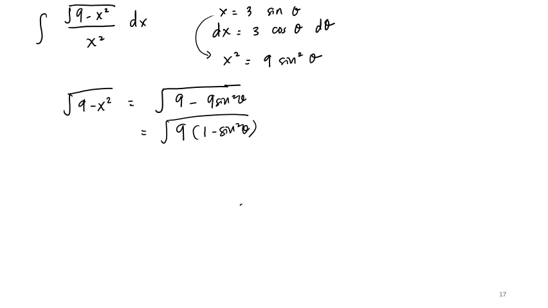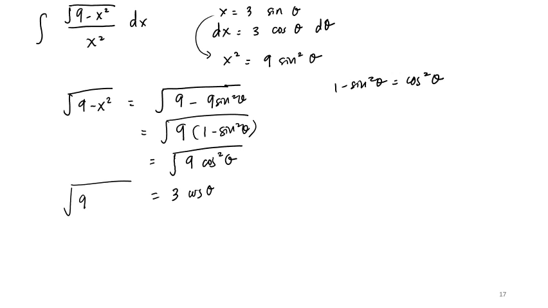Okay, and then you also know that 1 minus sine squared theta equals cos squared theta, so you can put that in. Then you get 9 cos squared theta. Then you can square root the 9 straight away to 3, and square root the cos squared to just cos theta. So you have this, the square root of 9 minus x squared, equals 3 cos theta.